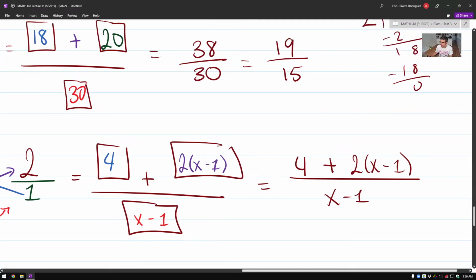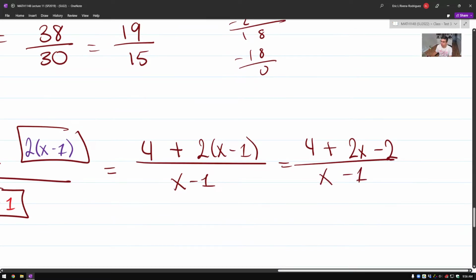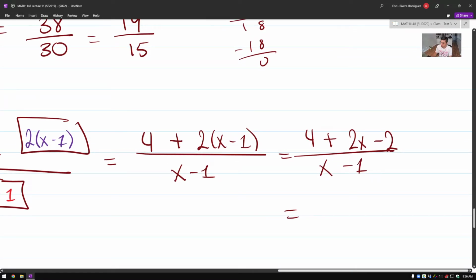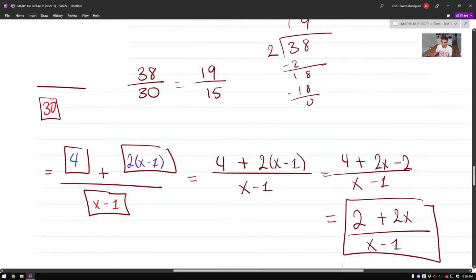Okay, and now what we want to do is to distribute this 2. So we have 4 plus 2x minus 2, all over x minus 1, and now we have like terms: 4 minus 2 is 2, so 2 plus 2x, all over x minus 1.